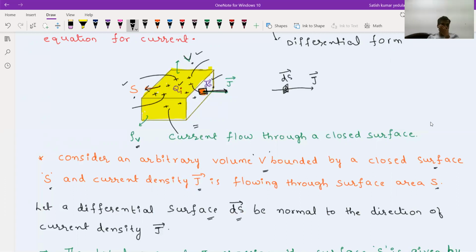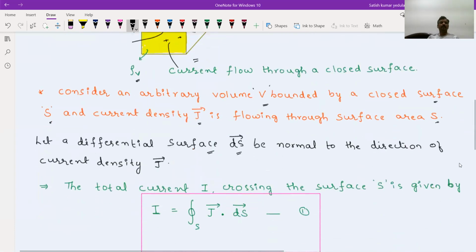The ds vector direction and J vector are both in the same direction, because both are normal to the surface. That's what is clearly mentioned.